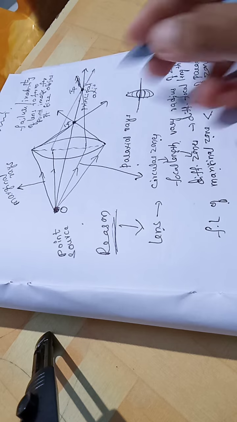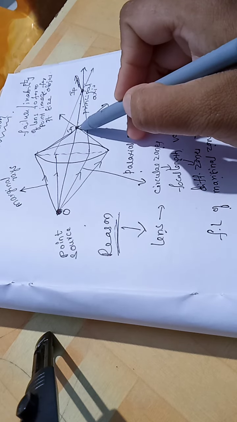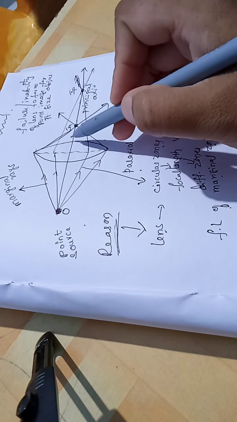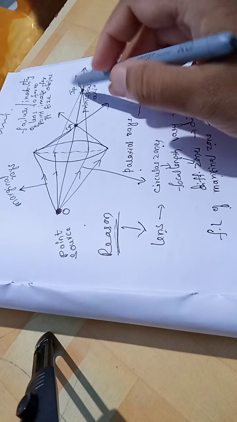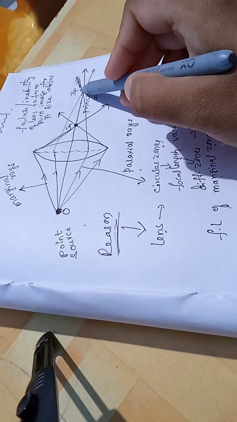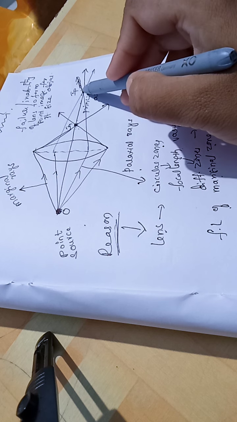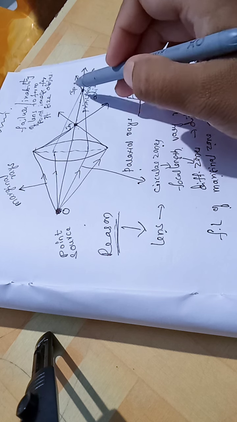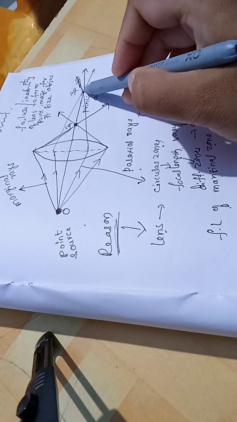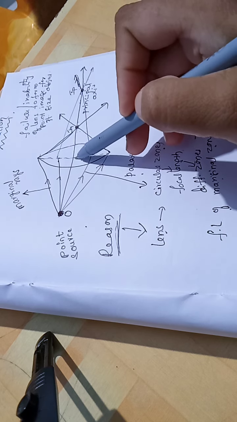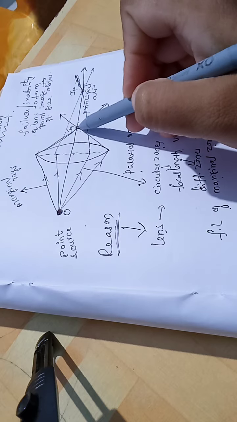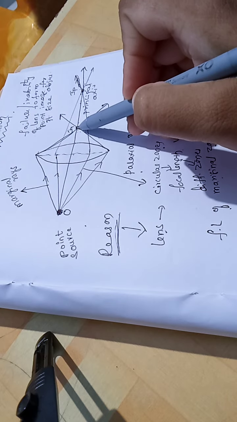So only here marginal rays form their image in front of the lens compared to the paraxial rays. Paraxial rays, as they have greater focal length, form their image at a greater distance from the center of the lens compared to marginal rays.